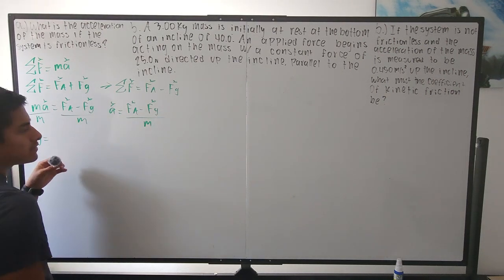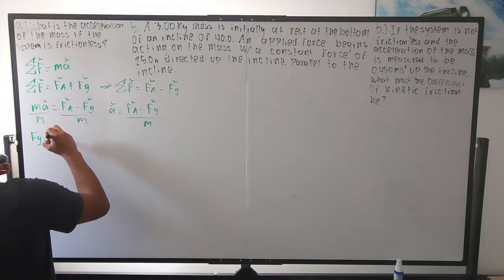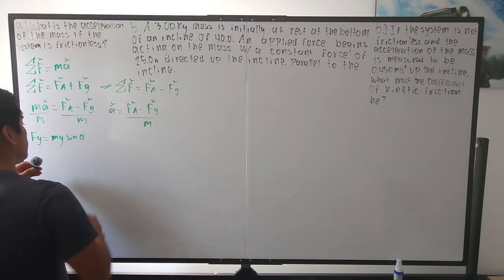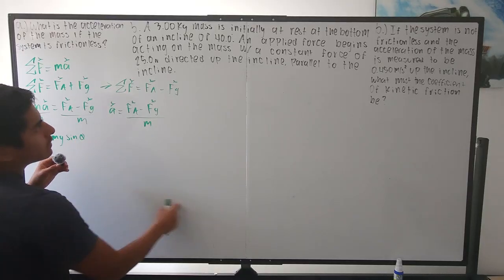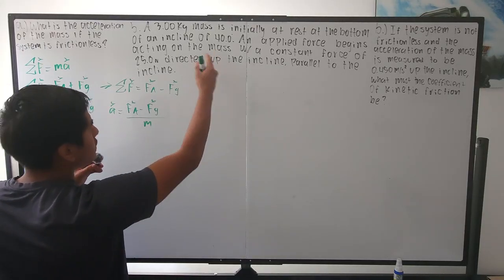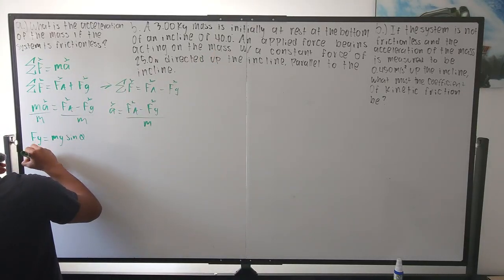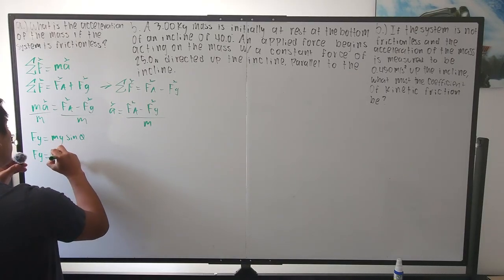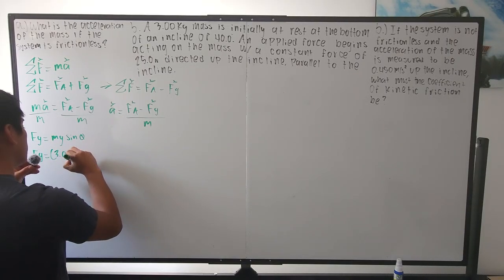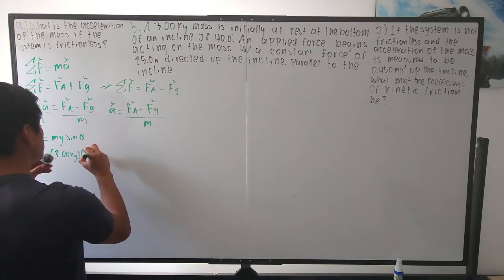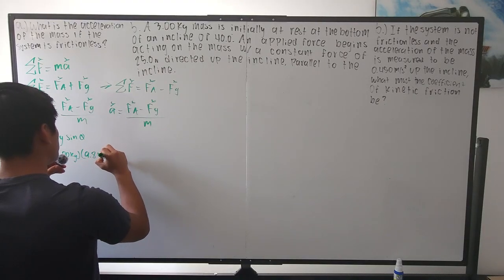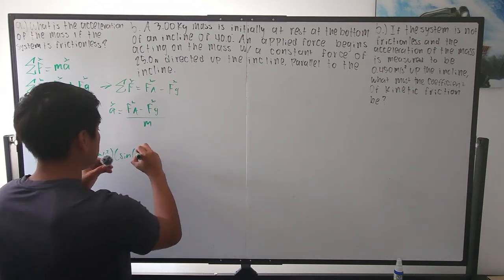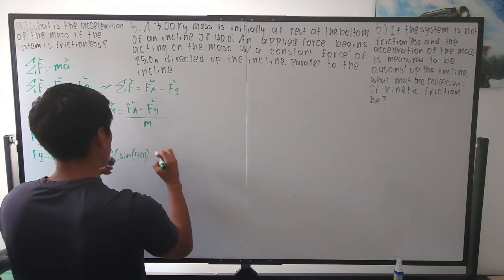Fg in this case, since it's on an incline, is going to be equal to mg sine of theta, and this theta is going to be the angle of the incline. So then I have that Fg is equal to the mass, which is 3 kilograms, multiplied by g, which is 9.8 meters per second squared, multiplied by the sine of theta, which in this case is 40 degrees.